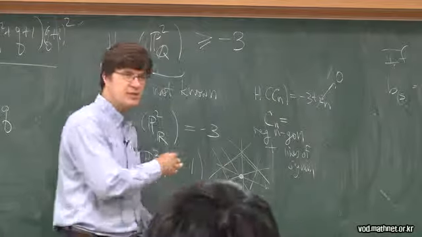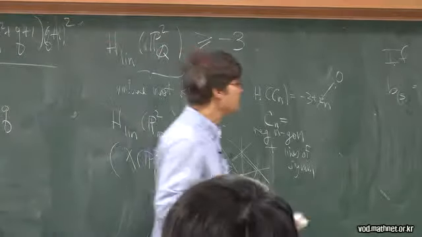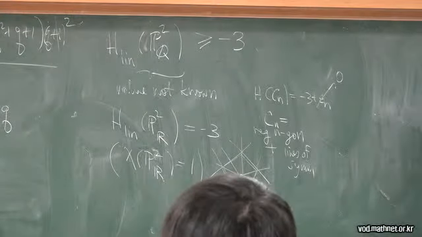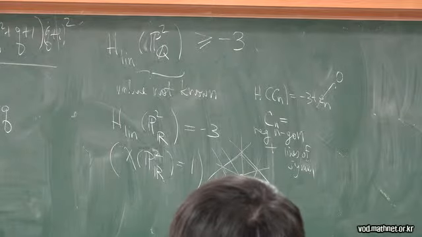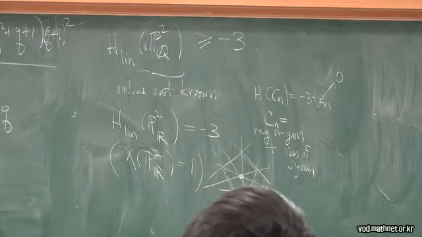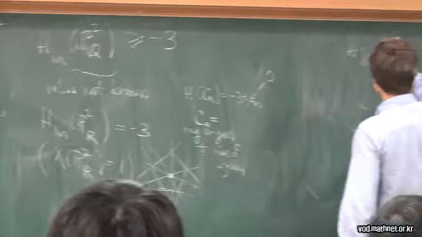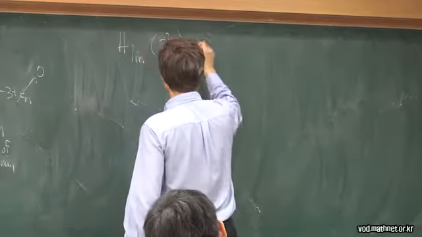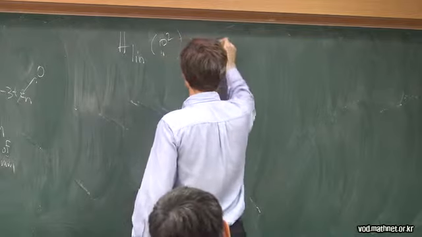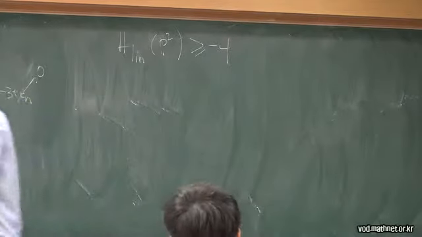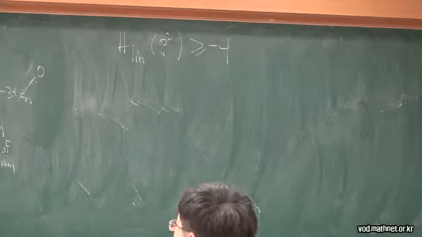Well, this was just sort of interesting. The main interest is actually over the complex numbers. So what about over the complex numbers? It turns out that the linear H constant is bounded.